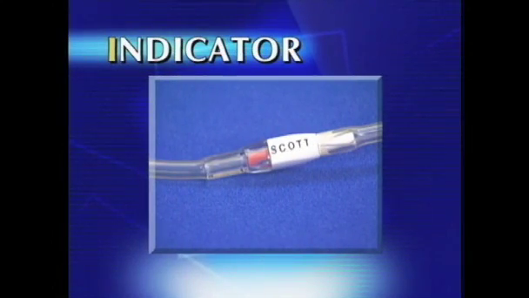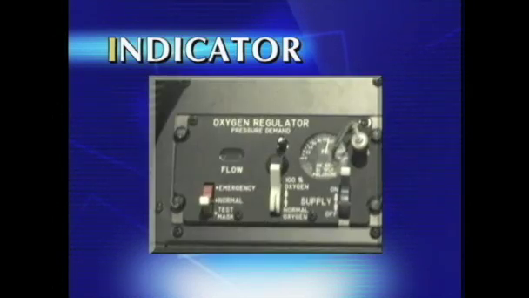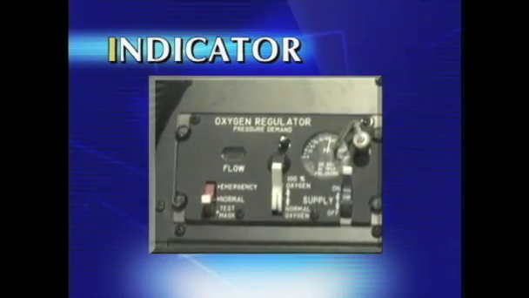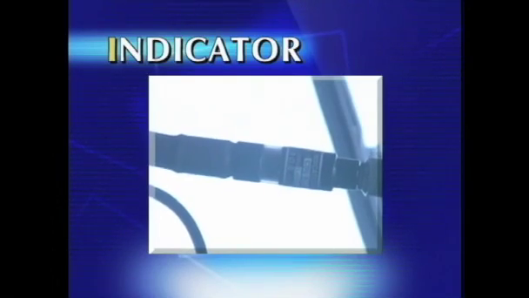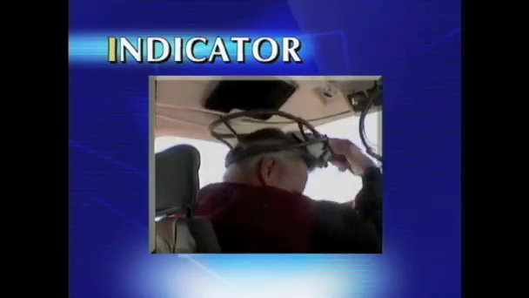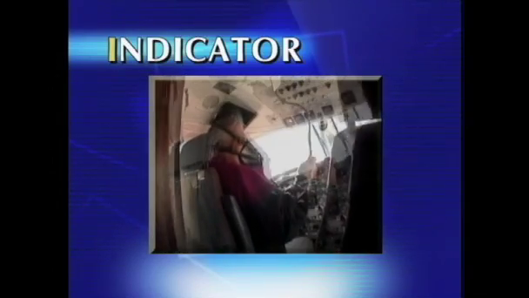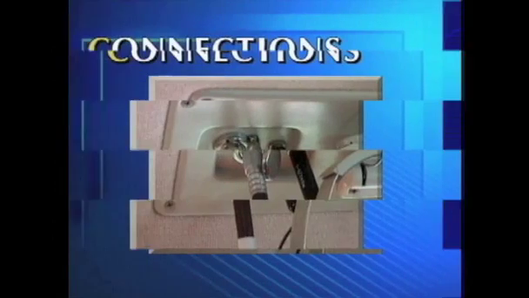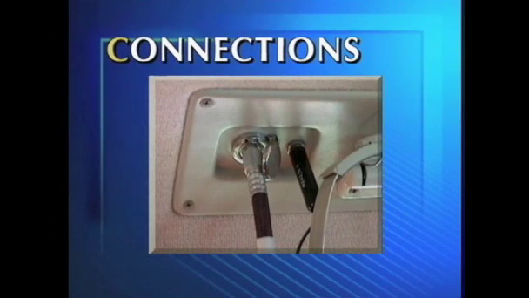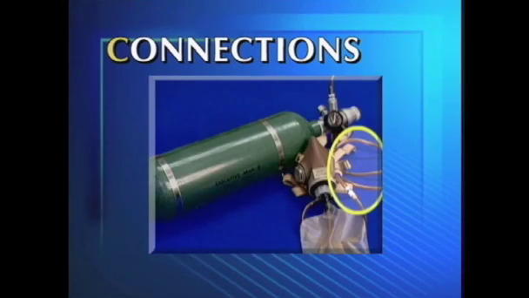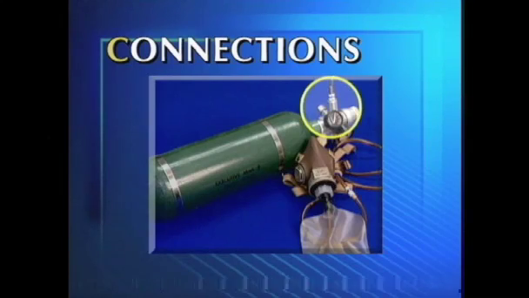Indicator. Most oxygen delivery systems indicate oxygen flow through the use of flow indicators. Flow indicators may be located on the regulator or within the oxygen delivery tube. You should check the flow indicator whenever the oxygen mask is donned to assure a steady flow of oxygen. Connections. Ensure that all connections are secured. This includes oxygen lines, plug-in coupling, and the mask.